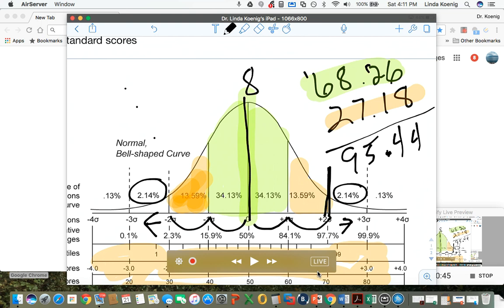So the math theory behind this is that we can look at any sample as long as it is representative of the population. If we look at that sample, we can see where the data falls from the sample, and from that, we can generalize that information to the entire population. And that is what the normal curve is really all about.